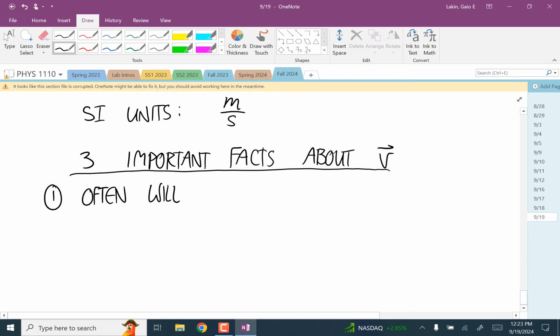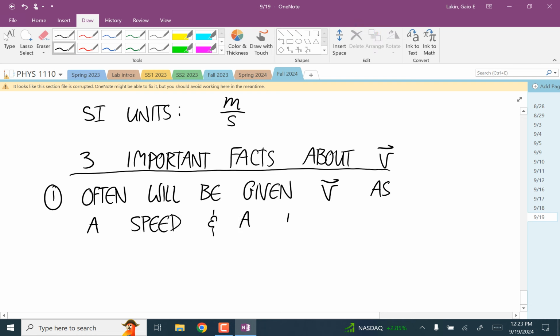So often we will be given the velocity vector as, I guess I'll write it as a speed and a direction.